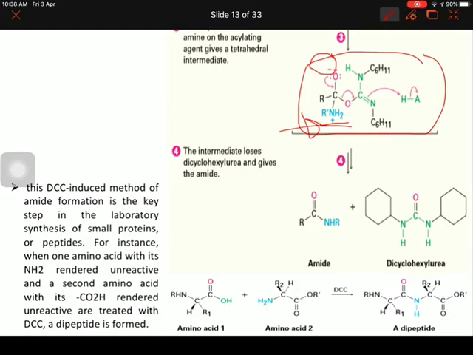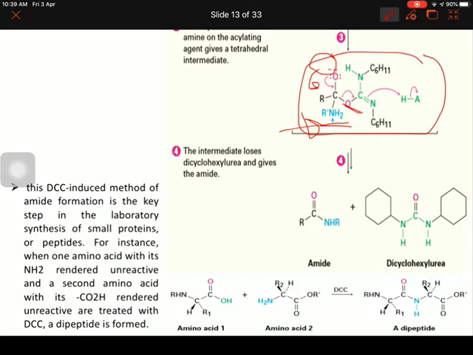The intermediate becomes more stable by a rearrangement of the amine toward the carbon of the carbonyl, and one of the bonds should be broken, which is the bond to the oxygen of the catalyst DCC, which is usually a good leaving group.